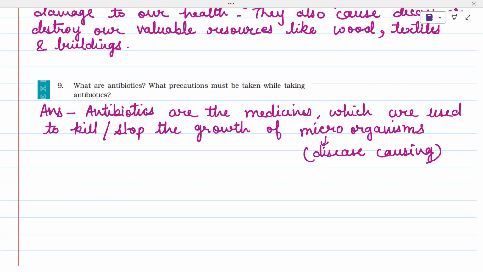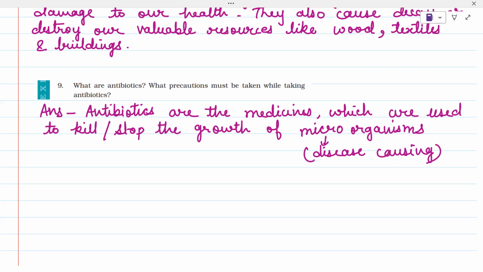Again and again, we should avoid using it, because it might kill or stop the growth of microorganisms which are useful for our body, right? And it might kill those microorganisms which are good for our body. So while we are on antibiotics, we need to be very, very careful. We need to follow the instructions given by the doctor.